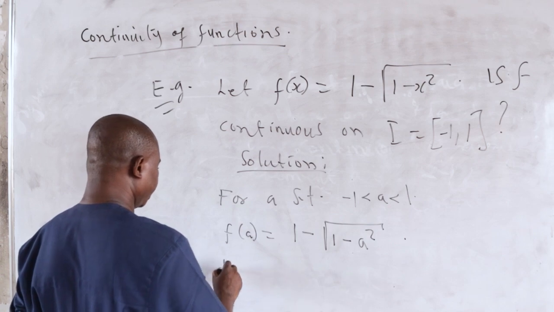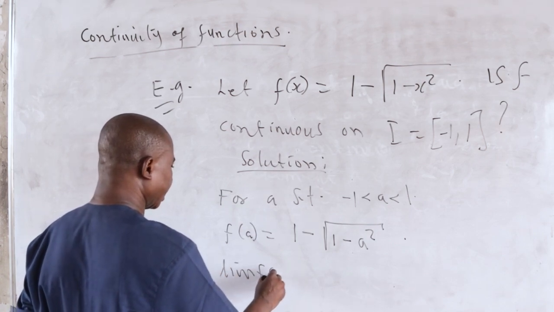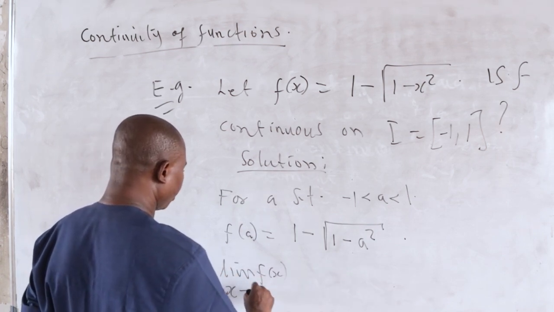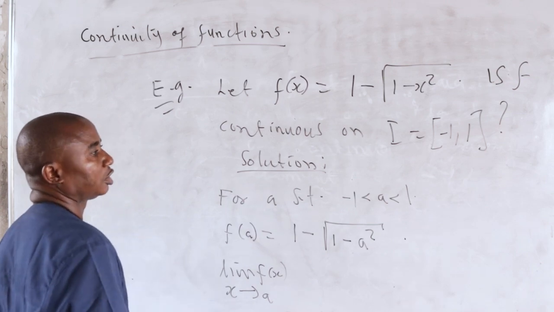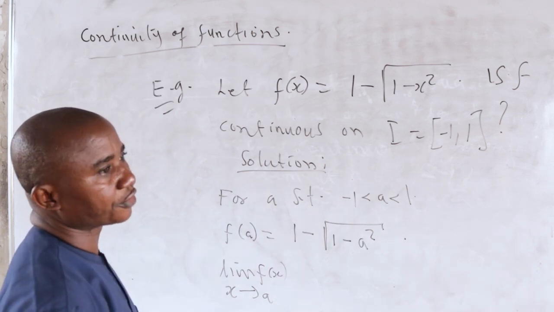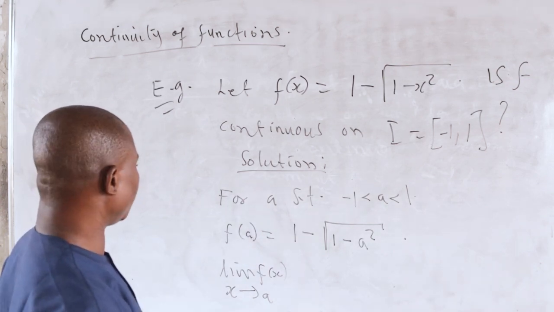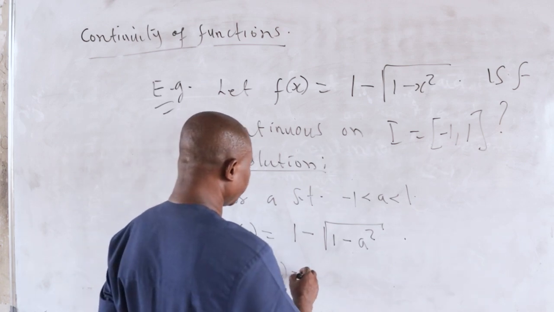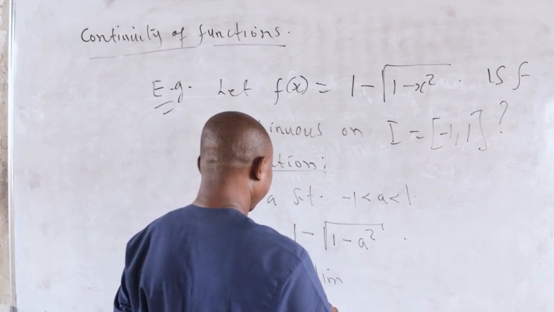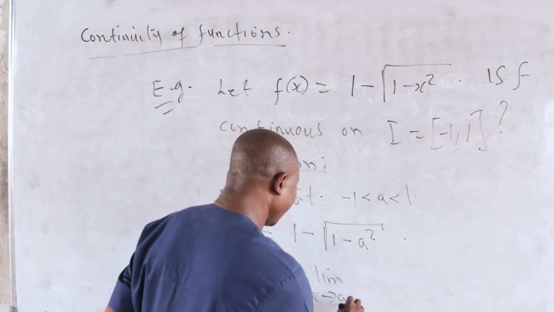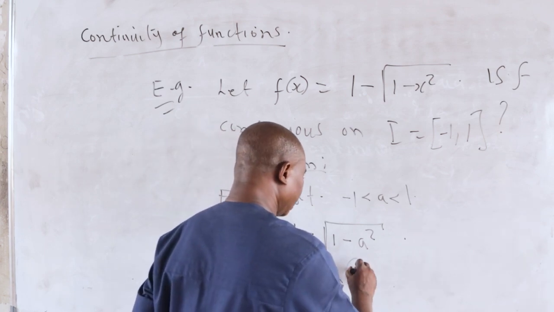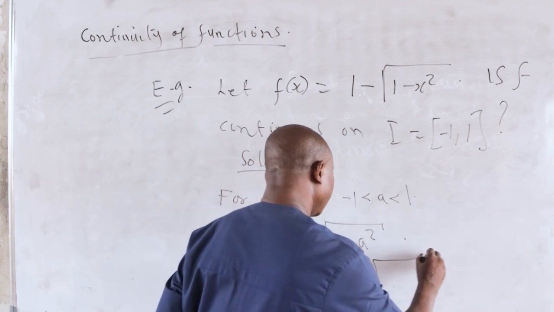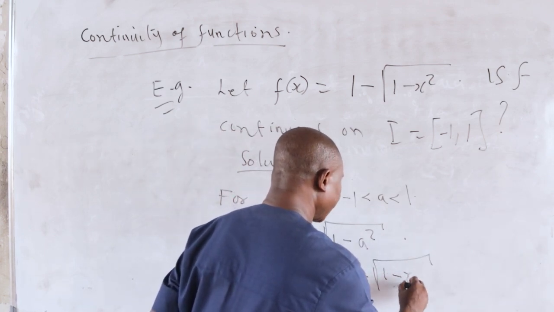Who is the limit of f of x as x approaches a? Whether x approaches a from the left or from the right, this is going to give us the limit as x approaches a of 1 minus the square root of 1 minus x squared.